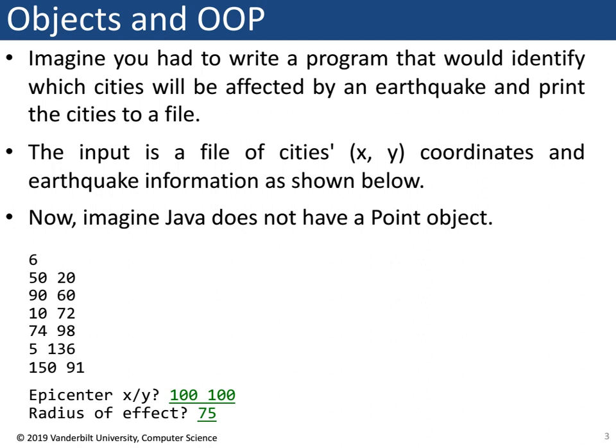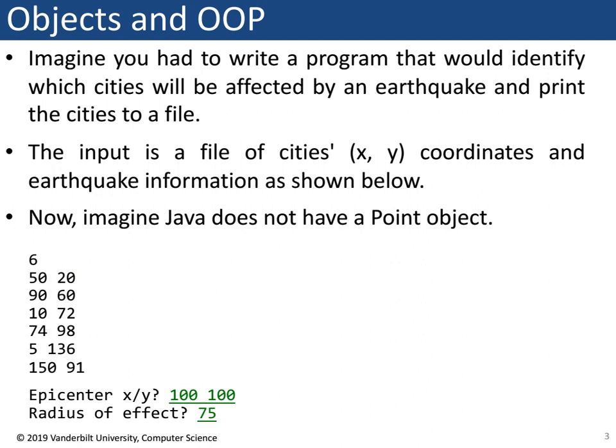As it stands, you probably are thinking, well, I could use a point object. Yes, an object. But imagine if we didn't have objects. Imagine if there was no point object in Java. Then this would be significantly more difficult, because now you're going to have to read in from this file the cities, and you're going to have to store each X value in an array and store each Y value into an array.